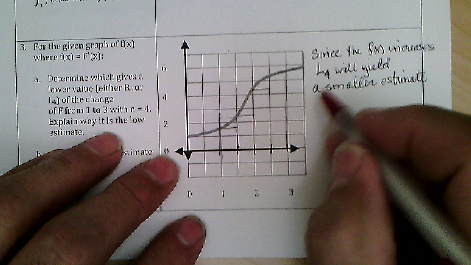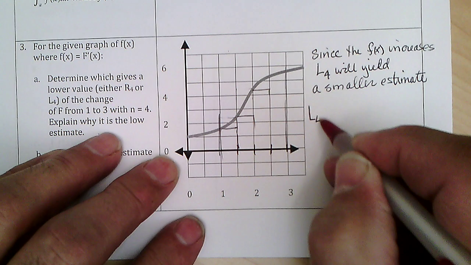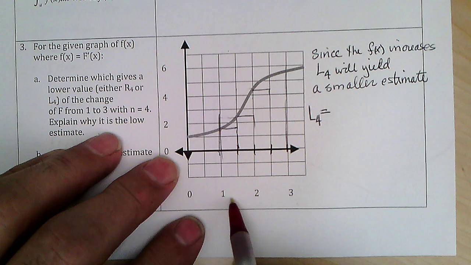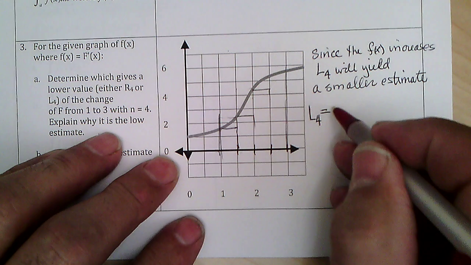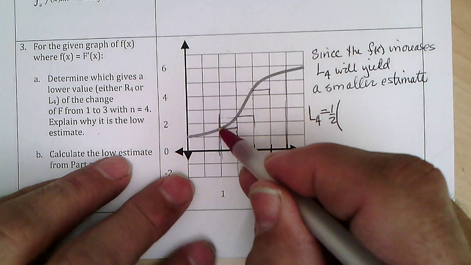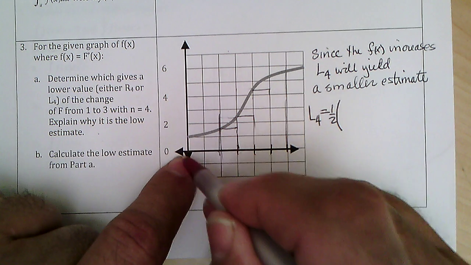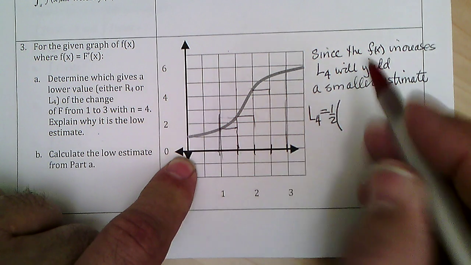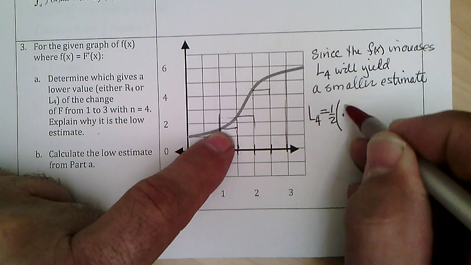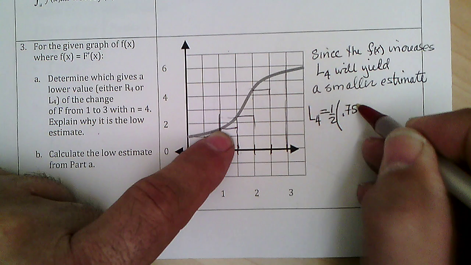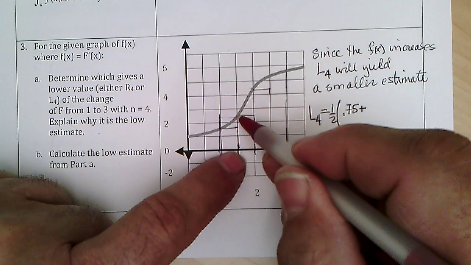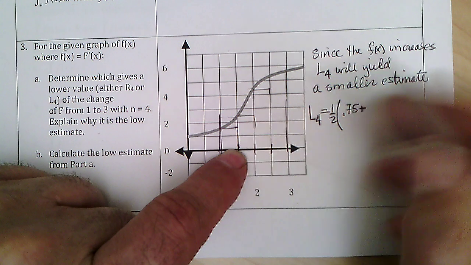Okay, and now if we calculate L4, the width of the interval would be, let's see, a half. And then we'd want to use the height on the left side. That looks like about 3/4 or 0.75, if you will. Plus the left side of this one would be 2 1/4.